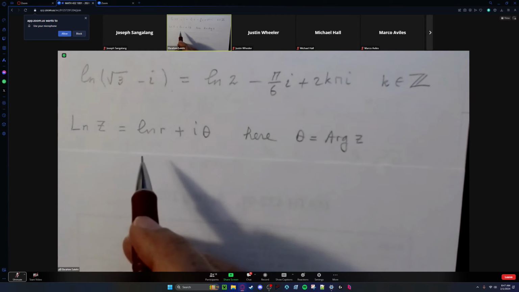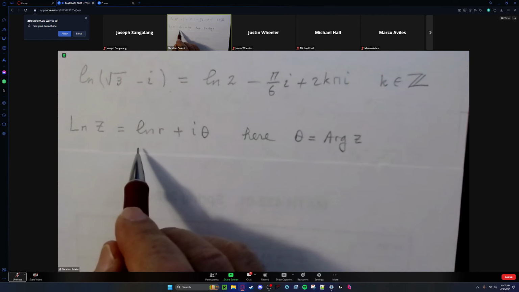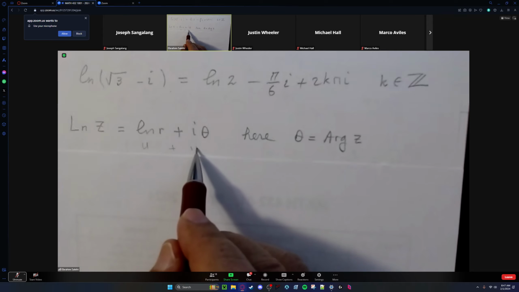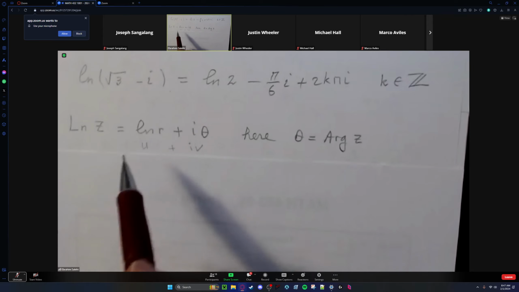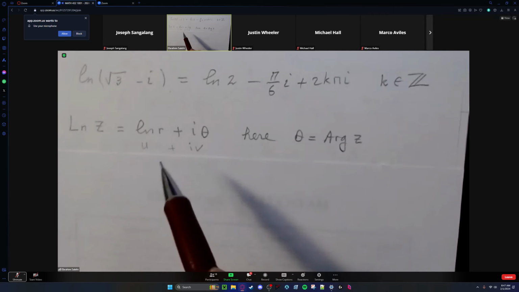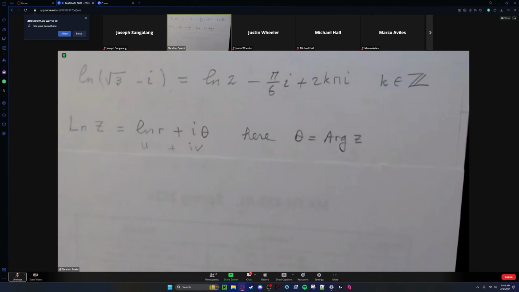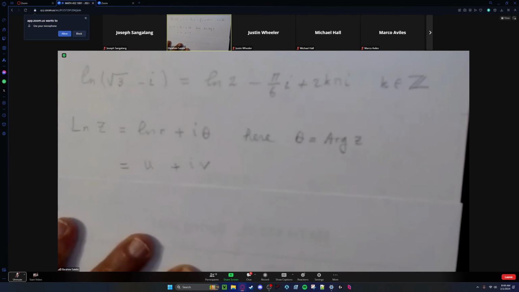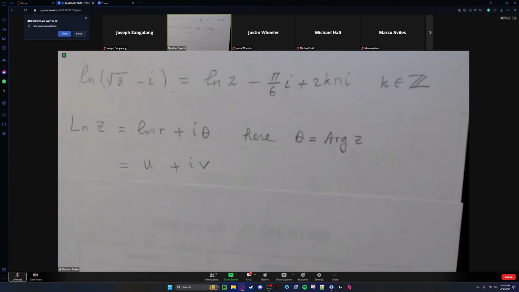So if you think about u plus iv, here is u plus iv. This is the real part. This is the imaginary part. The question is, if we write it in this fashion, does it have a derivative?